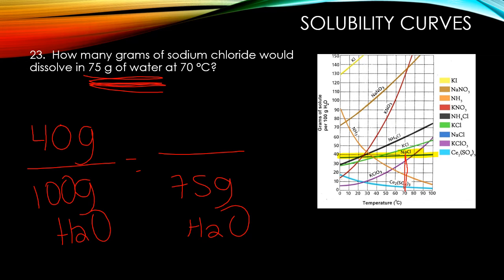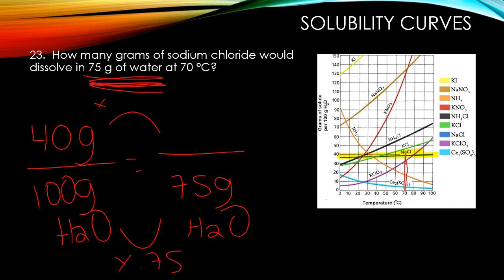And so you can cross multiply and solve for x, or I just like to think about it going from 100 to 75 is like multiplying by 0.75.